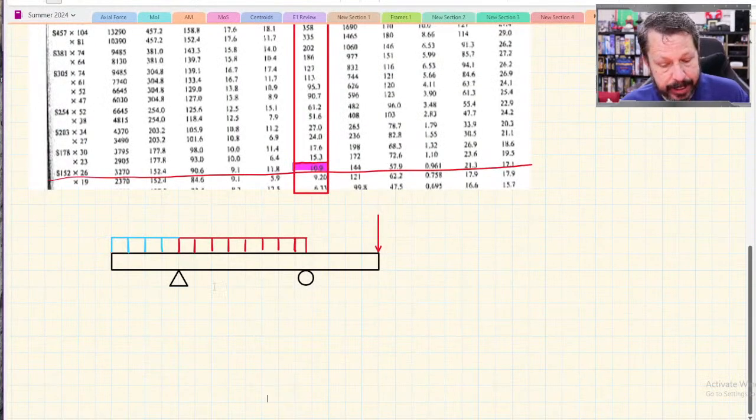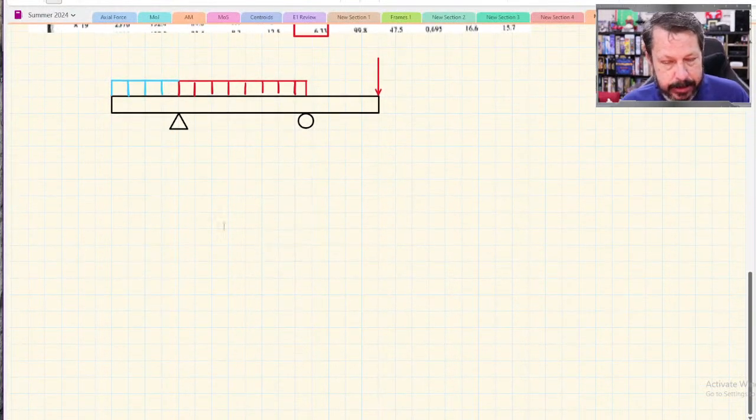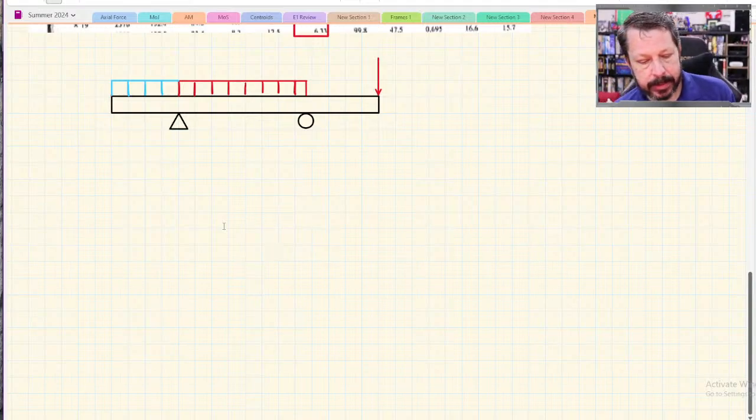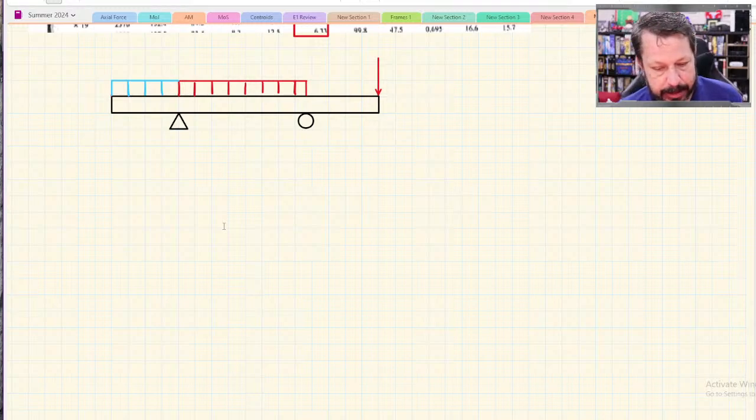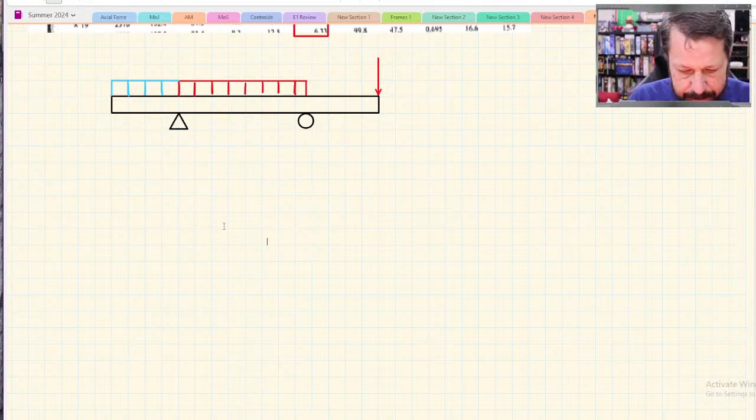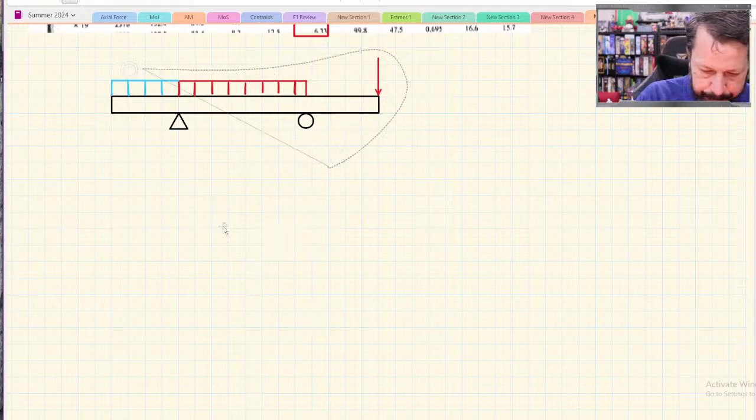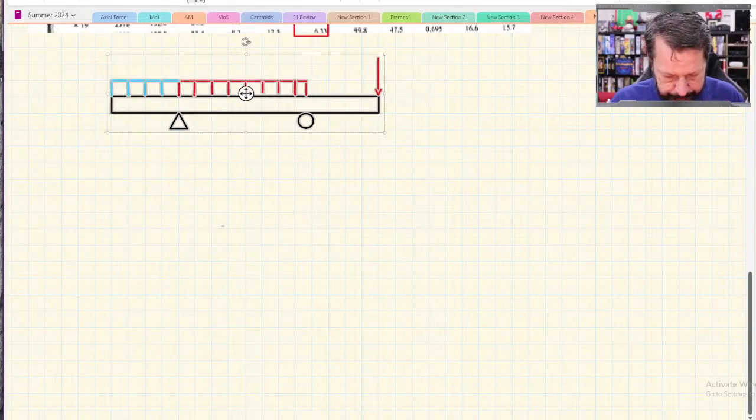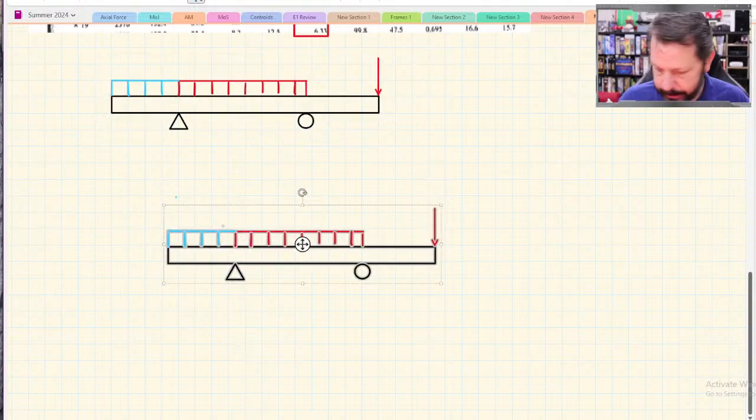So I'm going to change this, since what I'm trying to figure out is what's happening between the supports. This is okay to do, but at least this way. So I'm going to change this setup. I'm going to copy it and paste it down here somewhere.